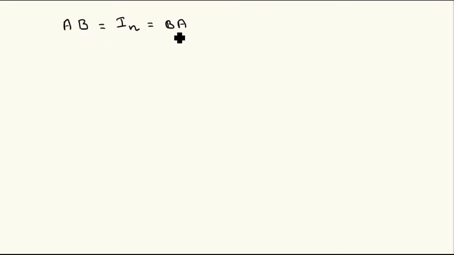So AB equals BA, commutative property, that is equal to I_n, the identity matrix. Then this B is called the inverse of A.